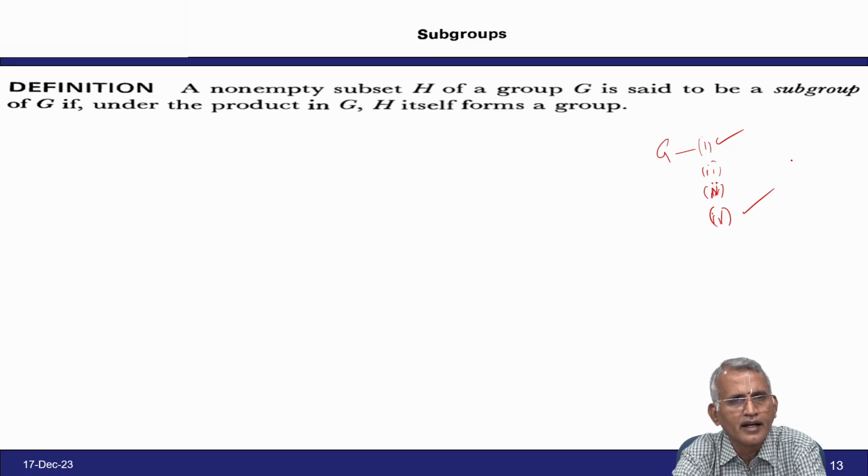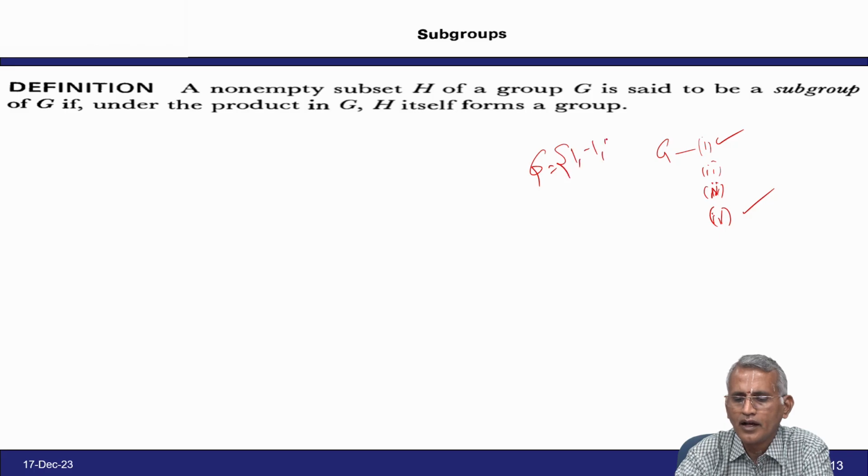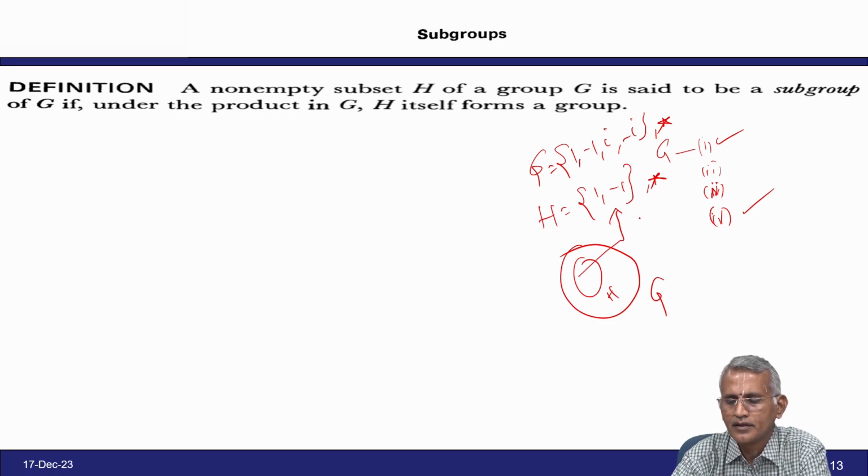Or we can write it another way: take a non-empty set G equal to {1, minus 1, i, minus i}. So, H is a subgroup of {1, minus 1} under multiplication. So, G and then H is a subset.